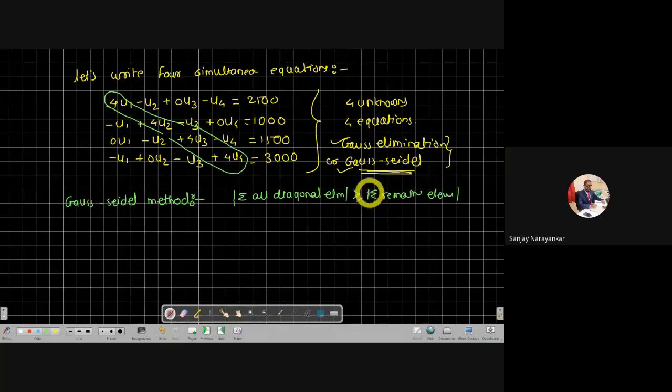If this condition is satisfied by the set of equations, then we can apply Gauss-Seidel. If not, then you have to switch the equations, ensuring that this condition gets satisfied. In the theory class and practical sections also I told you, it is not always mandatory to have the maximum values along the diagonal. In some cases, you have to compromise on the maximum value, but ensure that this condition is satisfied.